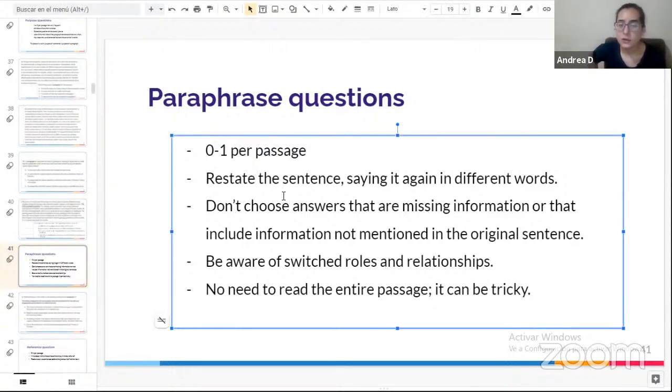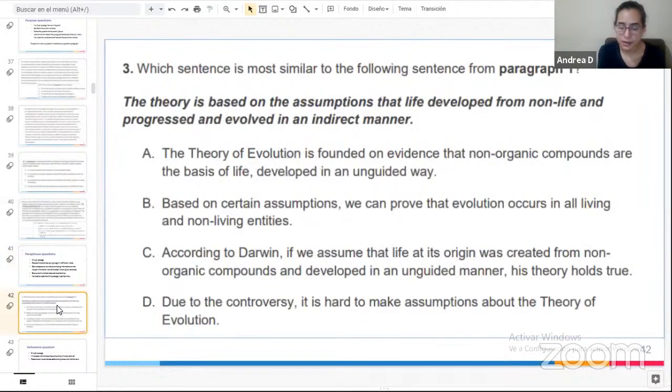They're asking you to paraphrase a sentence. You need to look for a different way of saying it, using different words, synonyms. And the key here is not to include anything that's not in the original sentence and not to leave anything behind either. So you just need to find one that says exactly the same without leaving anything behind or including anything extra, and that has the same idea, the same purpose.